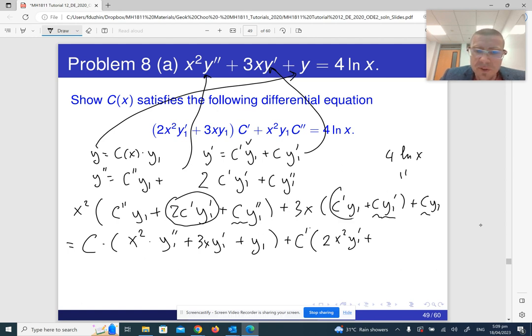Again I have c prime here, so plus 3x y1. All right, and I will also have c double prime, so plus c double prime times x squared y1.